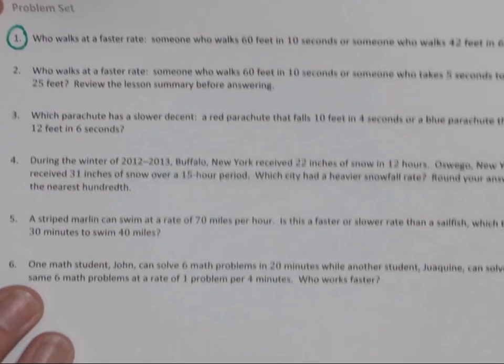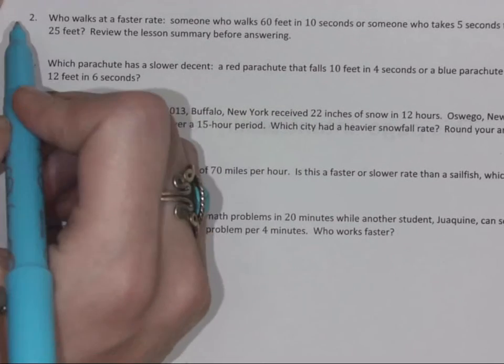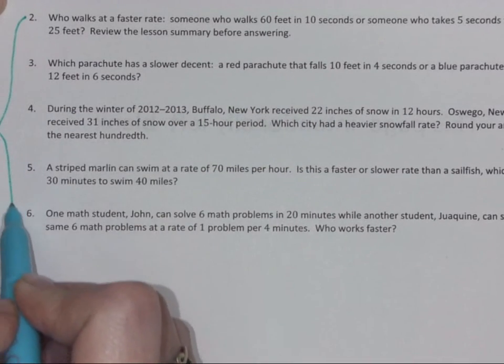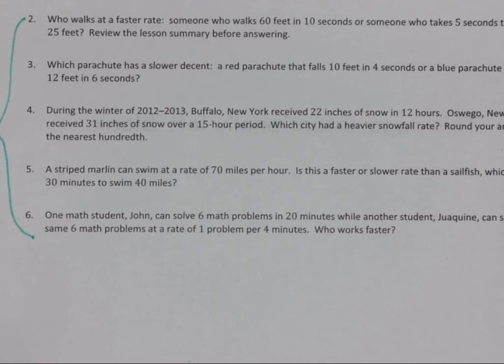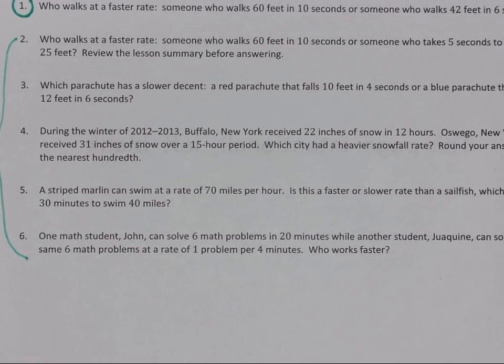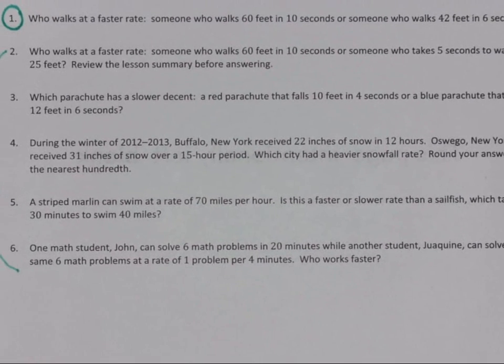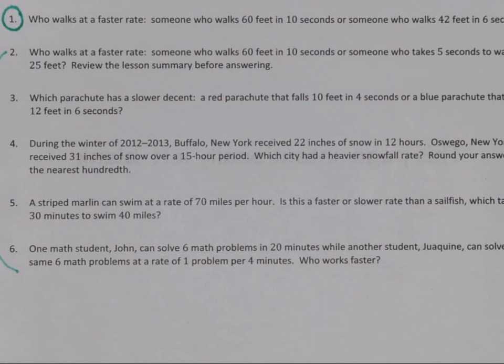Now, 2 through 6 you're going to work on right now with a partner at a level 1. I will, track me. I need 100%, I'm waiting on a few.